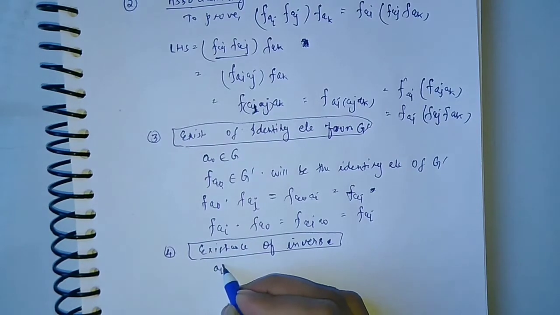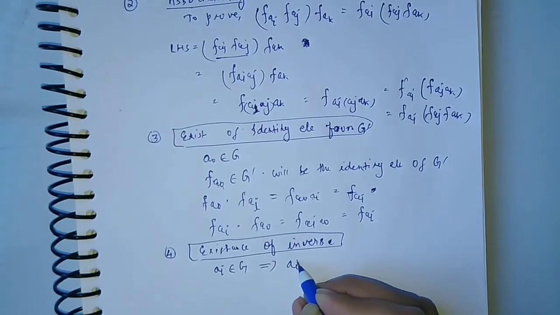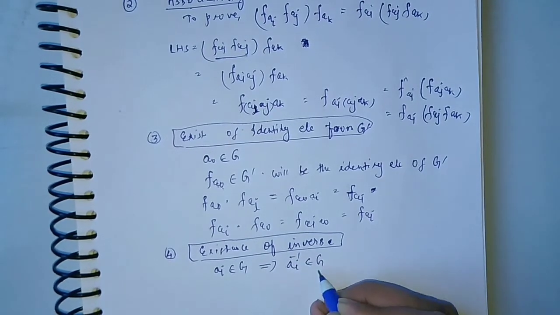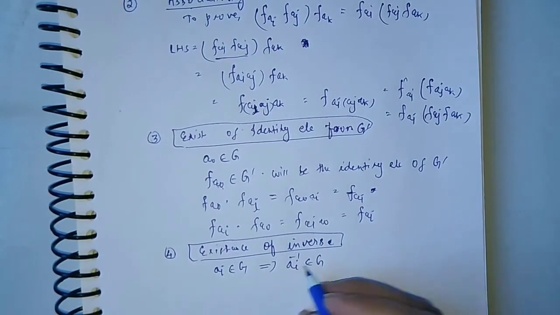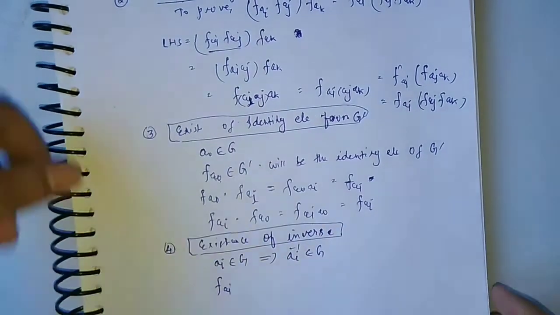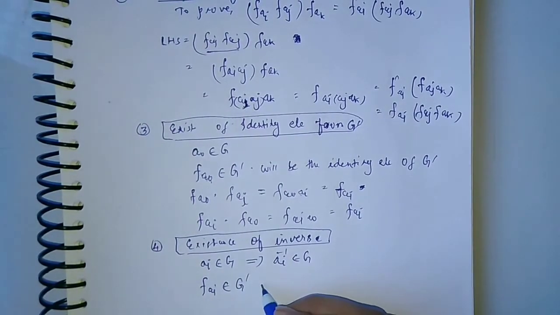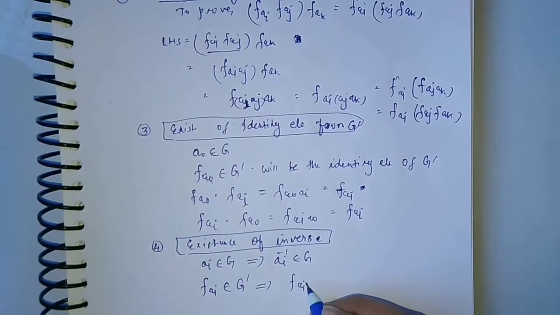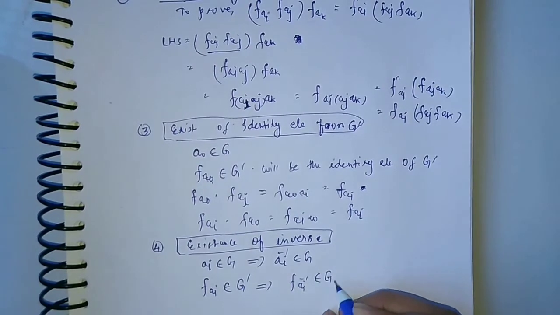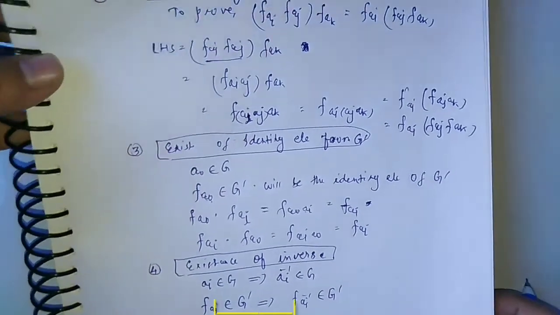Let ai be any arbitrary element from group G, and then ai inverse from the group G is the inverse of ai. So then if f(ai) is any element from G dash, then f(ai) inverse from the G dash is the inverse of this element. We will prove this now.